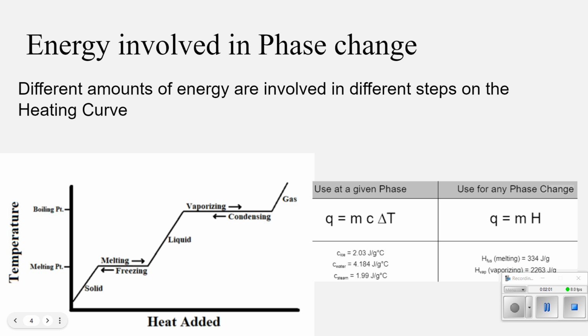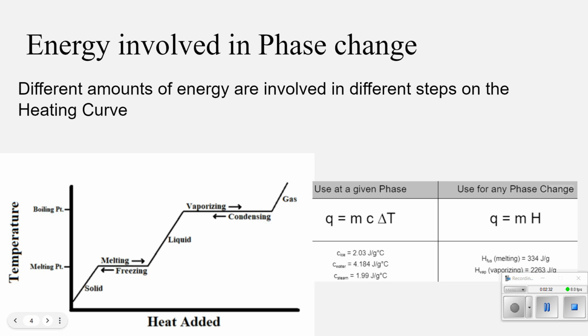That's why we have the C value for ice, the C value for liquid water, and the C value for steam listed there. Depending upon water's state of matter, it plays a role in how well it can absorb heat before its temperature changes. On the right-hand side, you see Q equals M times H. This is an equation that we used a little bit at the very end of last semester as well. And what you'll notice there is that there's a different amount of energy to melt something versus vaporize something.